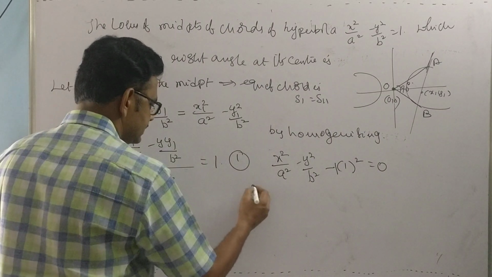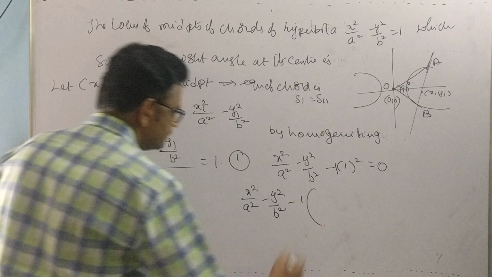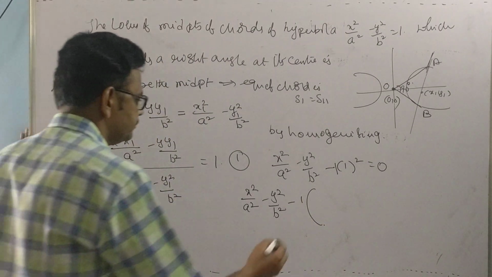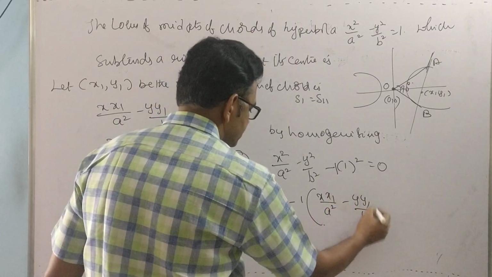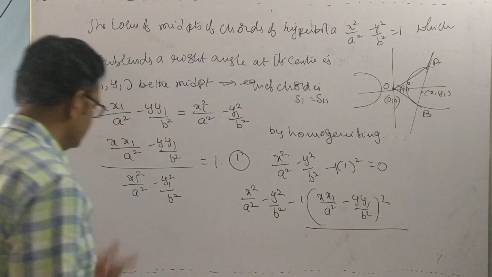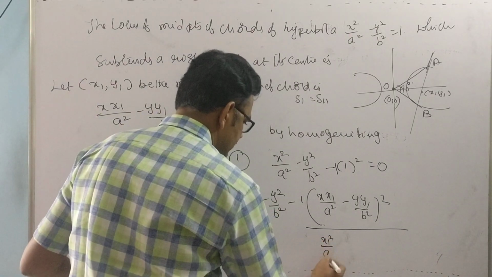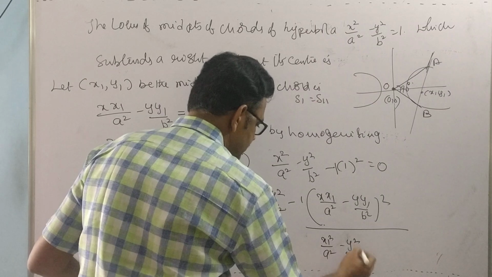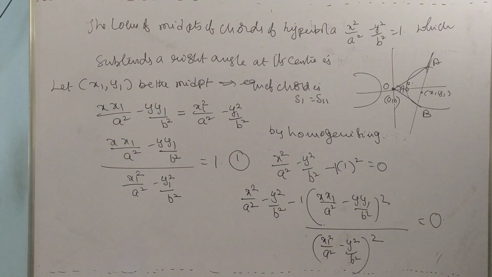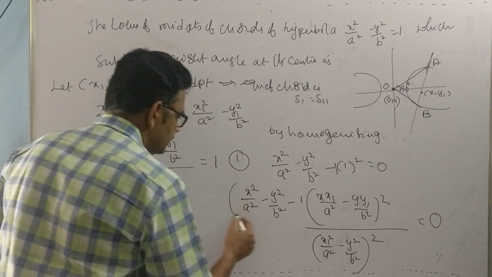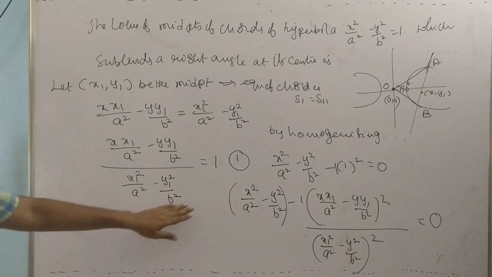That is equal to x square by a square minus y square by b square minus this one, x1 by a square minus y1 by b square whole square, whole square by x square by a square minus y square by b square whole square is equal to 0. Okay, by homogenization.